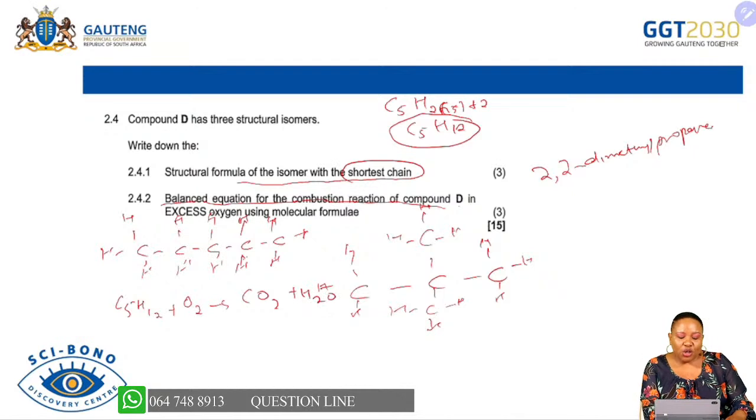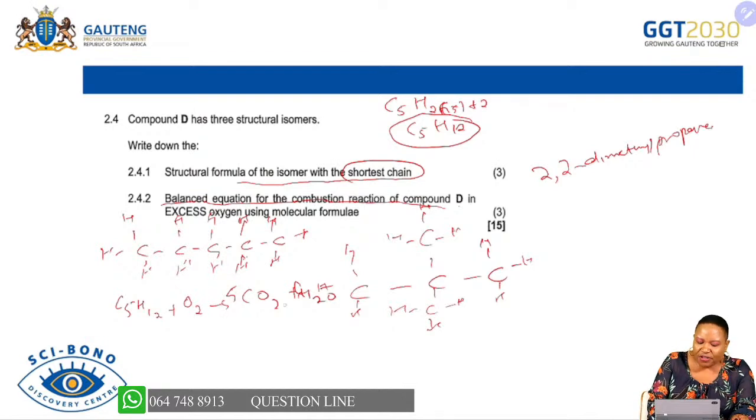Remember, how do we balance? We have 5 carbons here, so we're going to put 5 here. The number that follows is 6. Then we try to balance our oxygen on the other side so that we can divide by 2 on the left-hand side, which is going to be 5 times 2, which gives us 10, plus 6 times 1, which gives us 6.